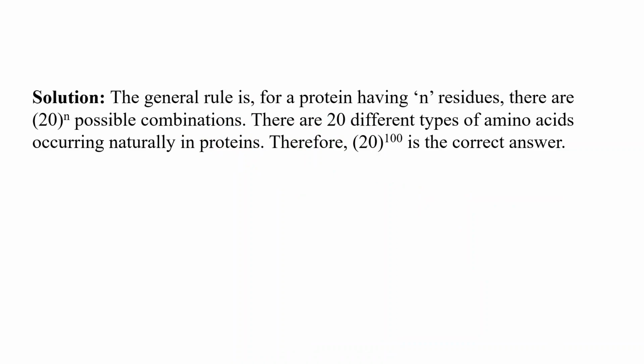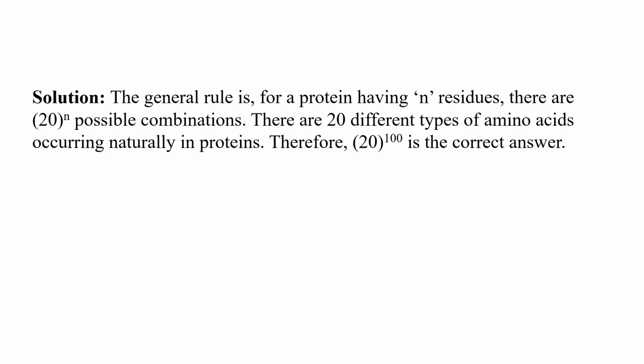So basically it is a general rule: if we have n number of residues, like we had 100 residues in this case, the number of possible combinations would be 20 raised to the power of n. Why 20? Because there are 20 different types of amino acids present in nature. In this case we had 100 residues, so 20 raised to the power of 100.